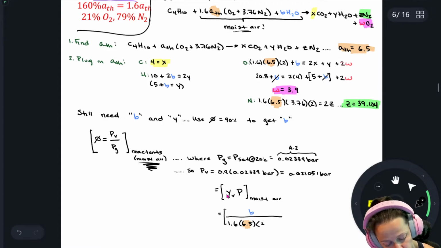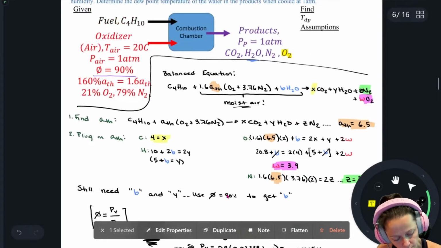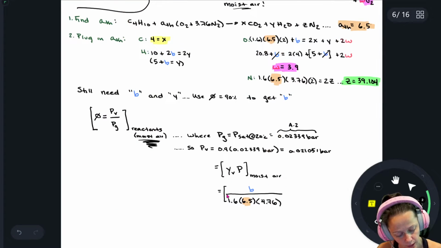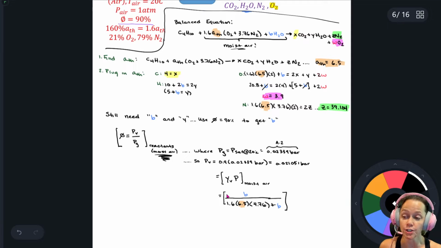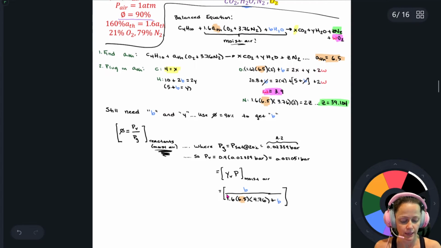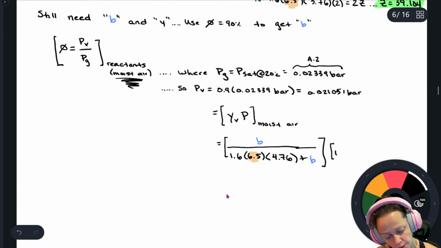This is 4.76 kilomoles of dry air plus B. So that is the mole fraction of the water in the moist air. Now I've got to multiply it by the pressure, so my pressure again, 1.01325 bar.